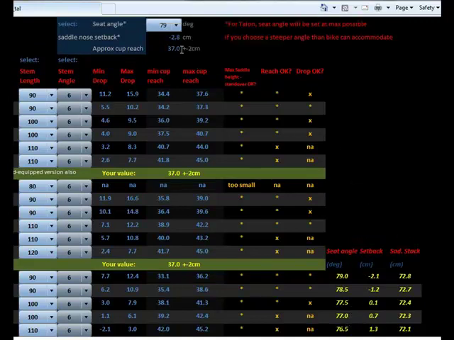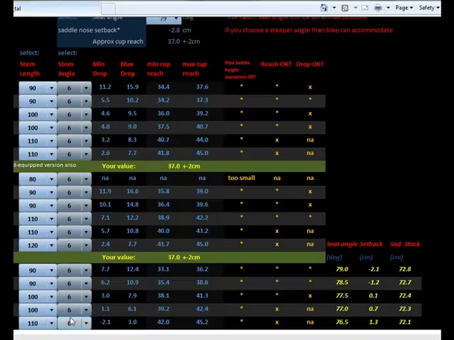So although this person has 79 degrees entered, which comes out to a minus 2.8 centimeter saddle nose setback, you'll notice that for each of the Talon frames here, it's listing the maximum seat angle that they can actually get to based on the constraints of the frame geometry and the forward included seat post. So it's showing you the maximum steep or the maximum forward angle approximately that you can achieve at your chosen saddle height. It's also showing you the saddle nose setback.